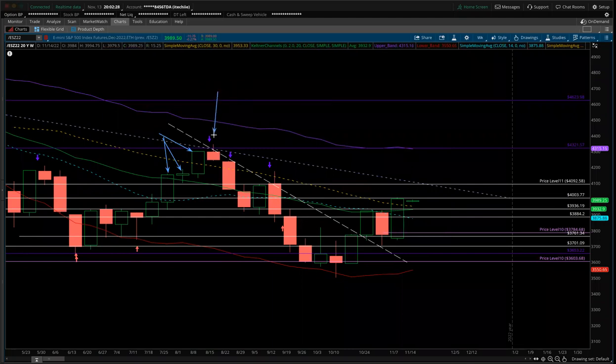And then from there, we just rejected. We're back inside the 30 SMA, started riding the middle Celt. Then we got a glizzy down. So this was an inside, followed by an inside up into an outside down move here, confirming breaking this 3884 level, which is now important to where we are now.